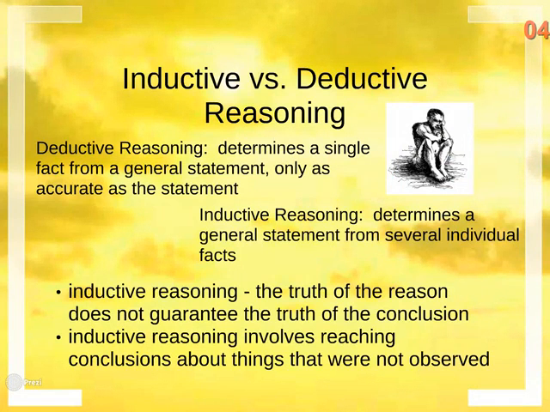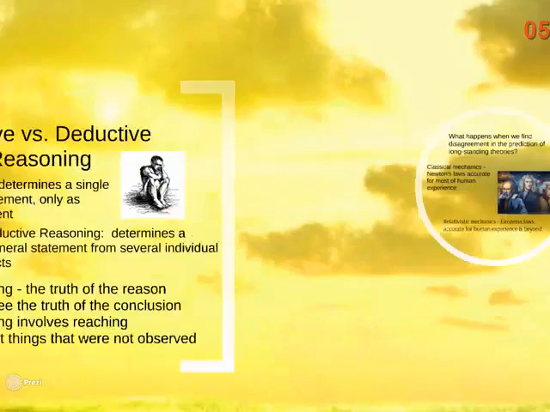There are some problems with using inductive reasoning. With inductive reasoning, the truth of the reason does not guarantee the truth of the conclusion. And it involves reaching conclusions about things that were not observed. So the accuracy is not as great with inductive reasoning.